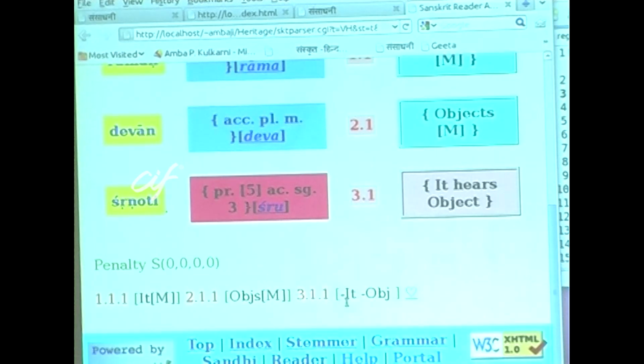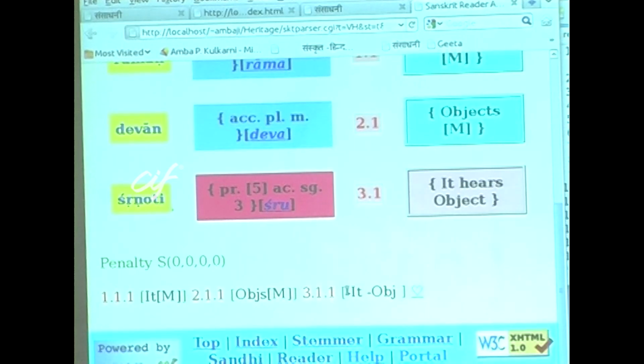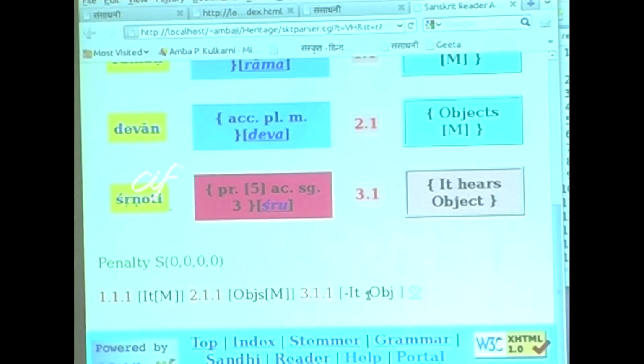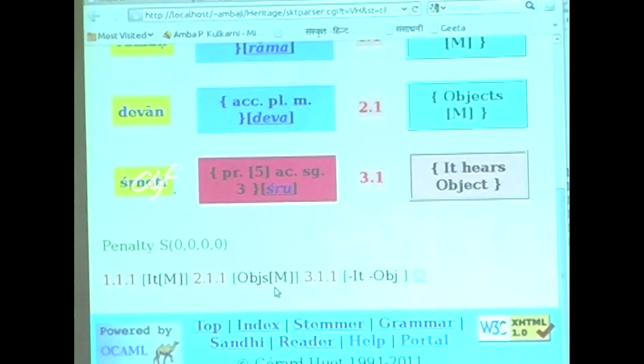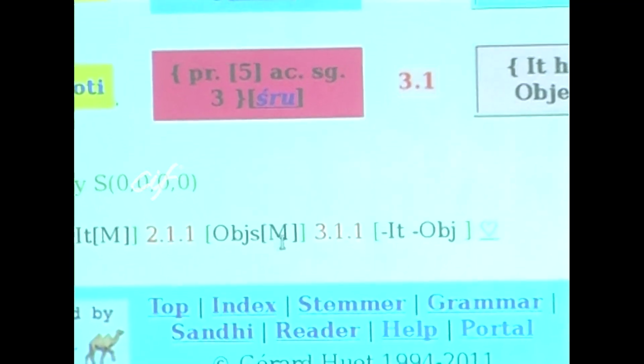See, here you see the ākāṅkṣā of the verb. The fact that it's transitive means that it needs the agent and the object. Needs is represented by the minus sign. Okay? And the actors are the kind of positive things that you can assign to the roles. Okay?